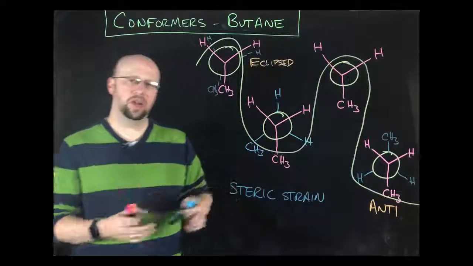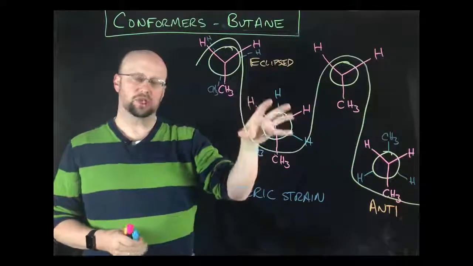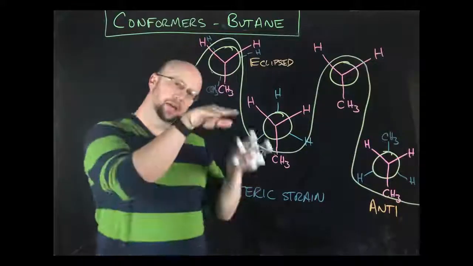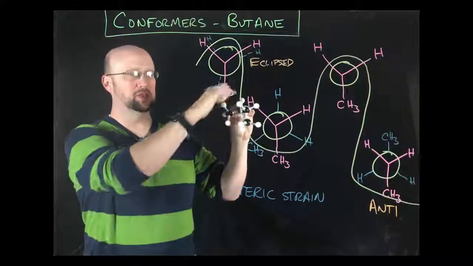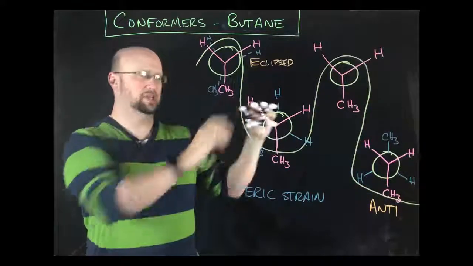Now, what's going on in this situation is that they're not having as much torsional strain. In other words, they're not overlapping each other. If we look directly along the bond angle there, there's not quite as much overlap. You'll see that hydrogen's in between these two. This one's out to the side here, so it's not in the way.